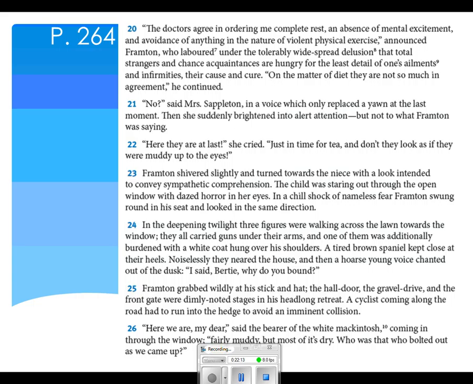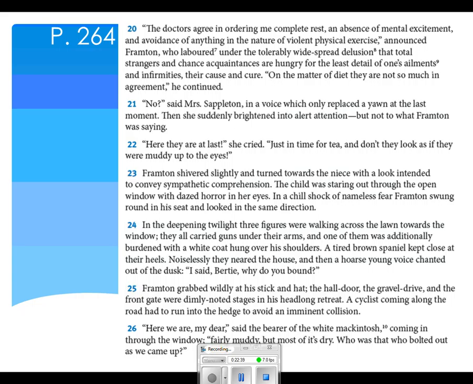In a chill shock of nameless fear, Frampton swung round in his seat and looked in the same direction. In the deepening twilight, three figures were walking across the lawn towards the window. They all carried guns under their arms, and one of them was additionally burdened with a white coat hung over his shoulders. A tired brown spaniel kept close at their heels.